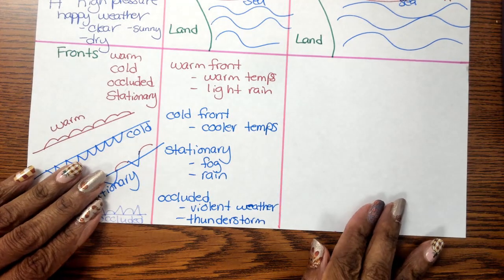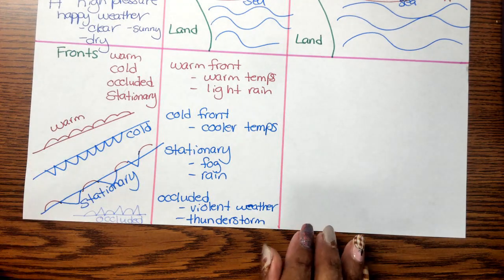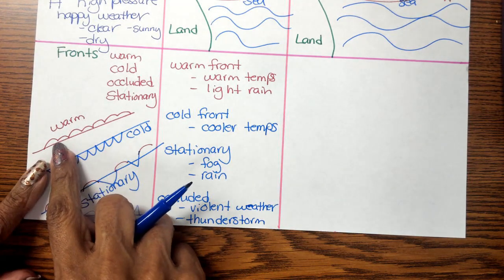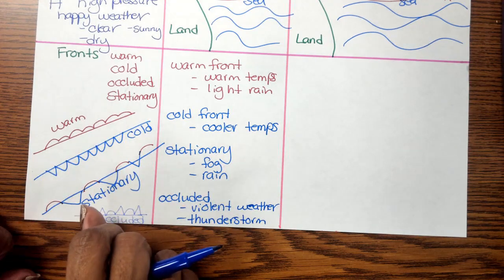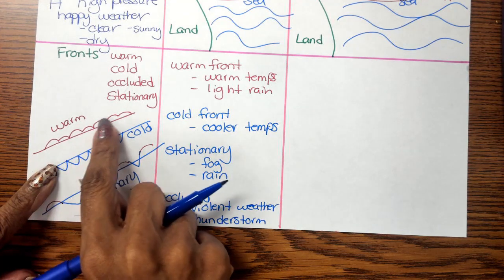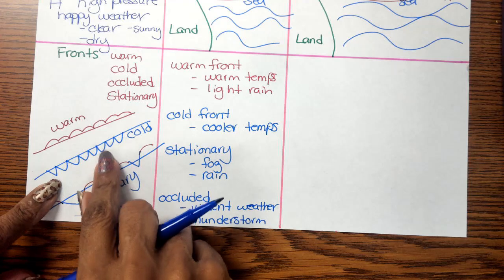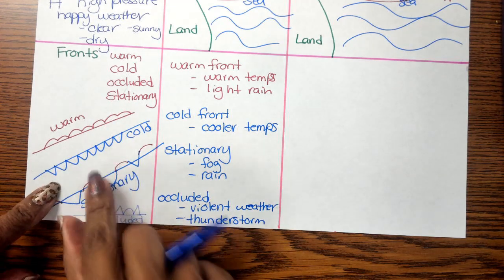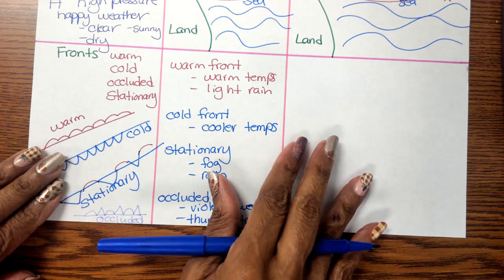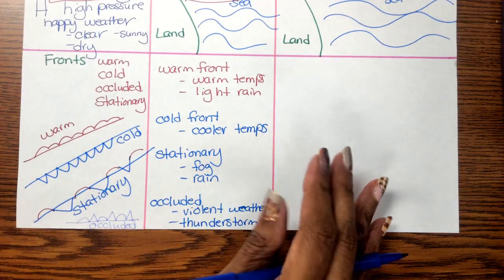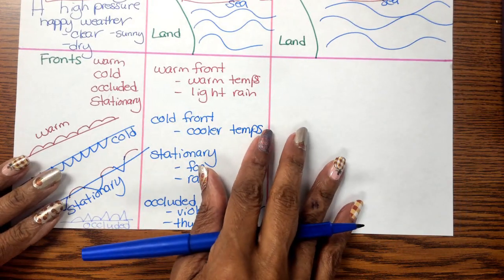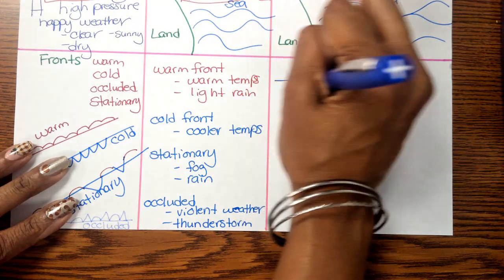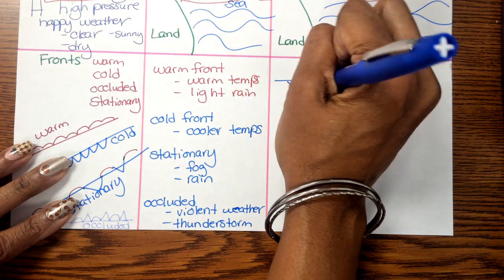Okay. One thing I want to mention is the symbols point the direction that the front is moving. So this warm front is moving north. This cold front is moving south. Remember, warm air rises, cold air sinks. Stationary does not move. Okay? And the other thing I want to mention is that with the fronts, so this is a cold front.